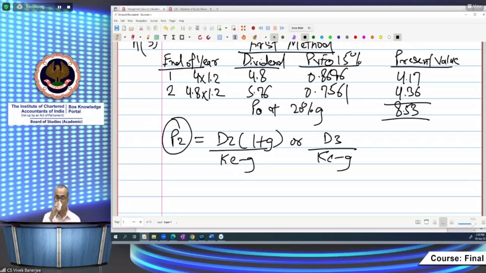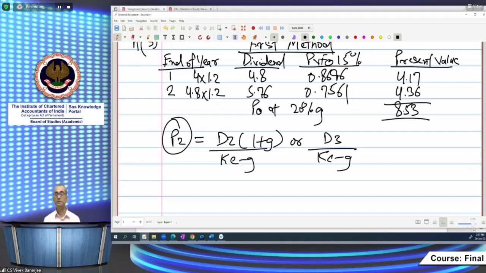Why have we taken P2? Because we have taken the present value for the first 2 years. Present value of dividend received at the end of the first year and the end of the second year. So now we will calculate the present value at the beginning of the third year or at the end of the second year.